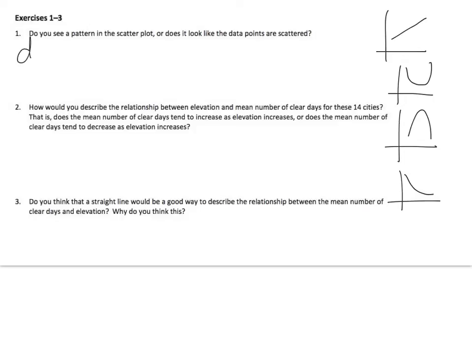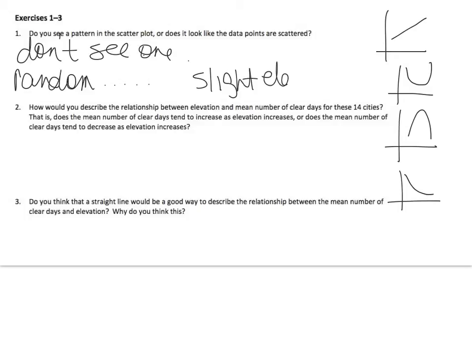I don't see a strong pattern in this one, and again, that'll be probably opinion-based until we get to our calculator part where it'll tell us if there's a pattern or not, but I don't see one with this data. It looks pretty random to me. There might be slight elevation, a little bit linear, just really slight. So, yeah, not a strong pattern.